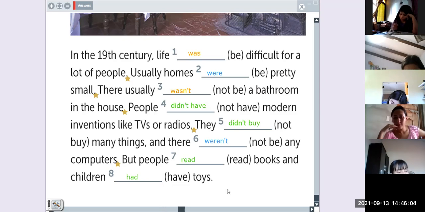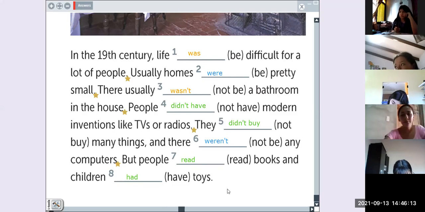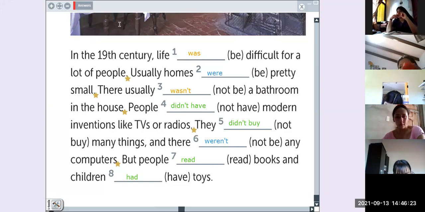Any questions, any doubts about this exercise? Ariane? Teacher, ¿por qué en la 3 there wasn't y en la 6 there weren't? Because in the first one, we are talking about singular, right?